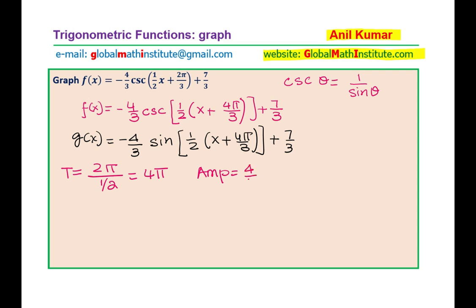It's always the positive value. And what is the axis? The axis for the sine graph is y equals 7 over 3. And we have a phase shift. We'll write p here, lowercase p, as minus 4 pi by 3. So that means it moves left by 4 pi by 3.